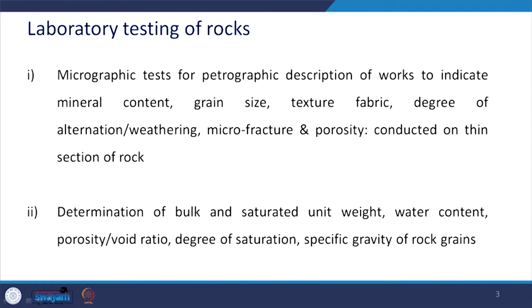These all fall under the category of the tests which are done to identify the mineralogical composition of the rock. These are conducted on a thin section of rock. As I mentioned, it is beyond the scope of this course, where we are focusing mainly on the engineering characteristics of the material called rock.